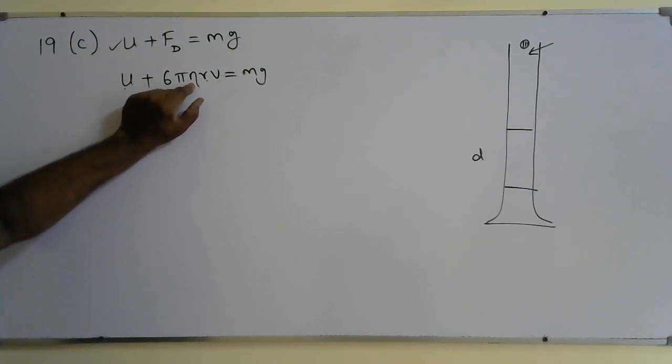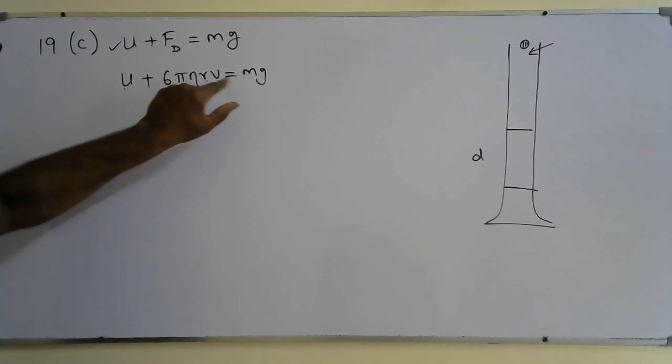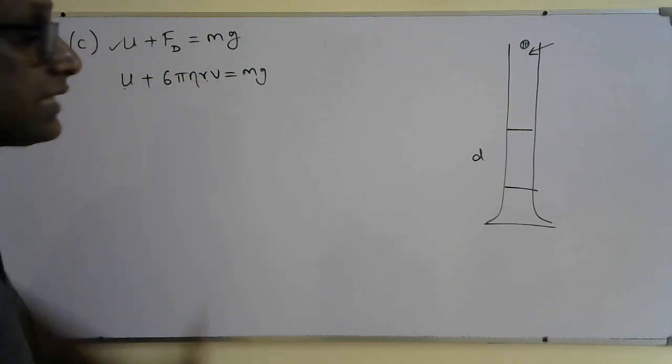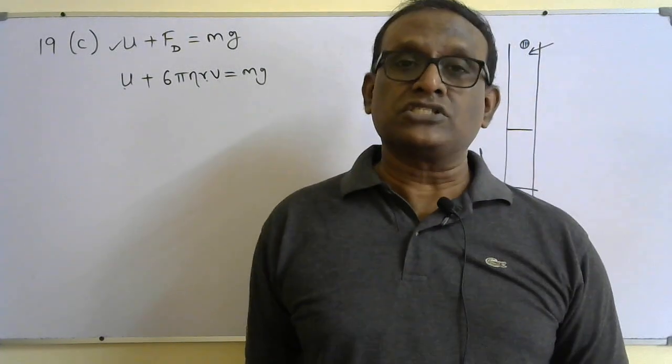When the viscosity is smaller, to balance a particular weight, the speed should become larger. When the speed becomes larger, there could be a turbulent flow, where we can't use the Stokes law.